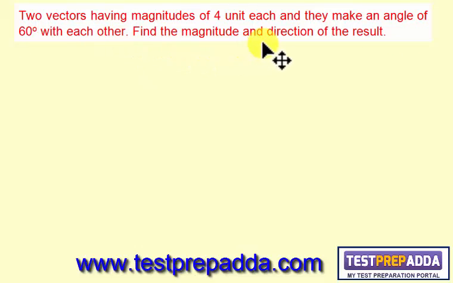Find the magnitude and direction of the resultant. Vector P magnitude is also given as 4. Vector Q magnitude is also given as 4. And theta is given as 60 degrees.